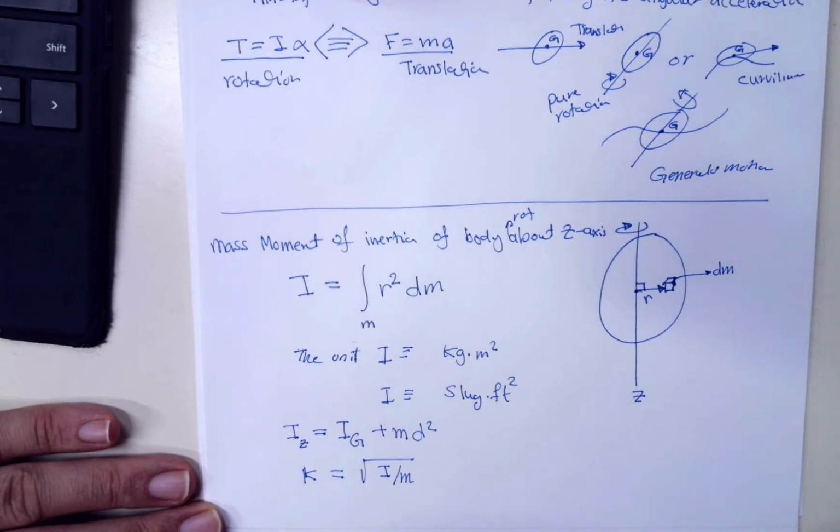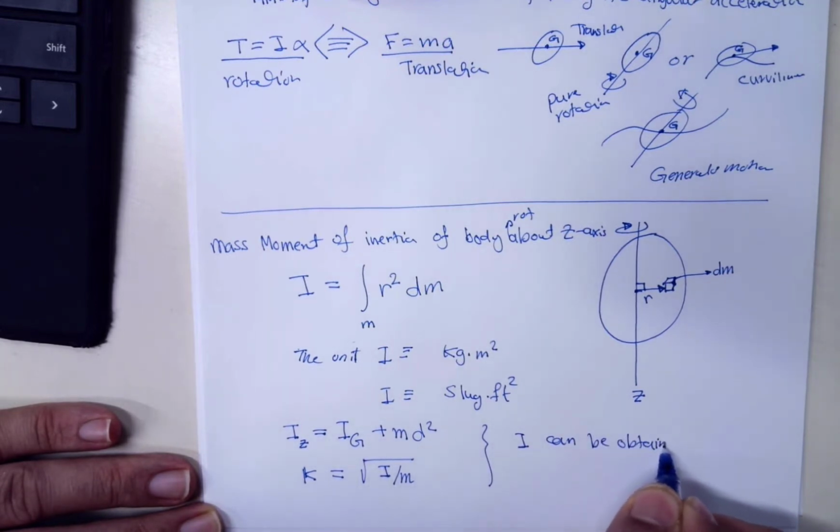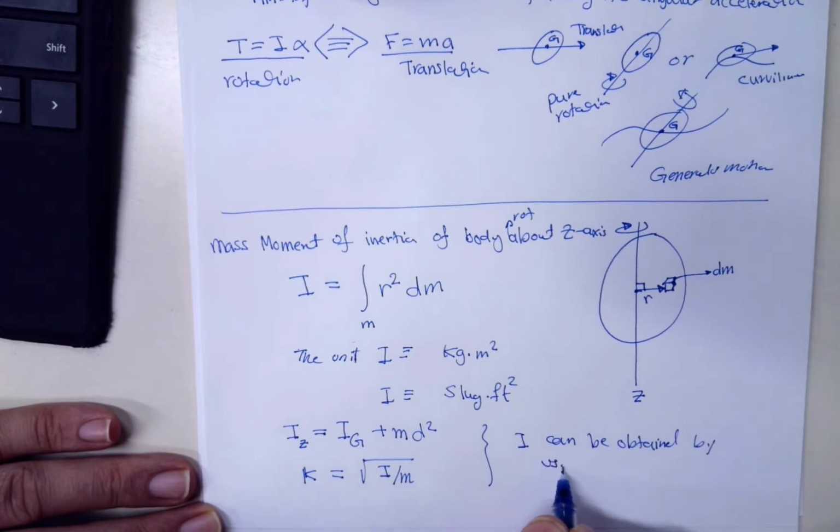Now, the mass moment of inertia can be obtained by integration or by the method of composite bodies that we learned in the last lecture. So for a composite body, I can be obtained by using the composite method of bodies that we learned in the area moment of inertia.